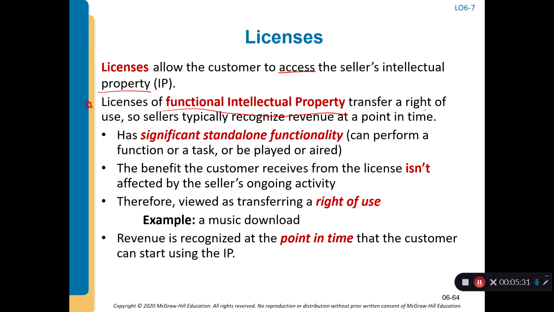It means transferring a right of usage, and sellers typically recognize the revenue at a point in time. This kind of functional intellectual property has significant standalone functionality. That's why it can be recognized at a point in time.